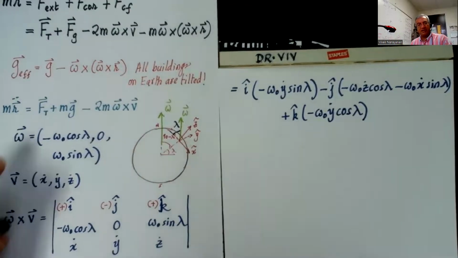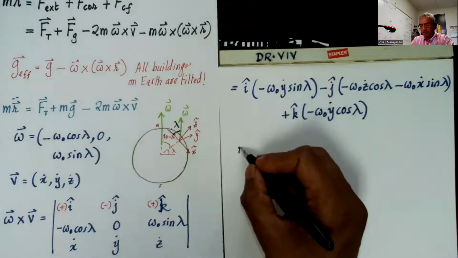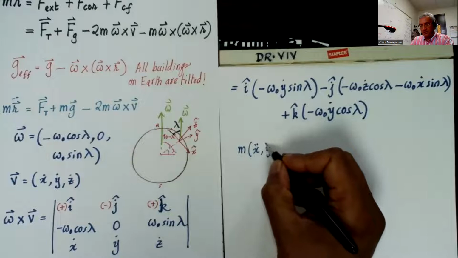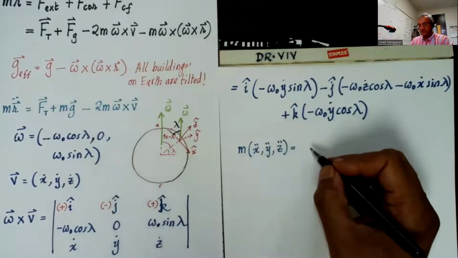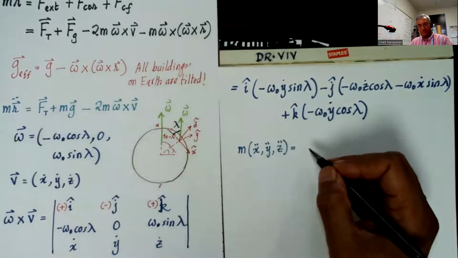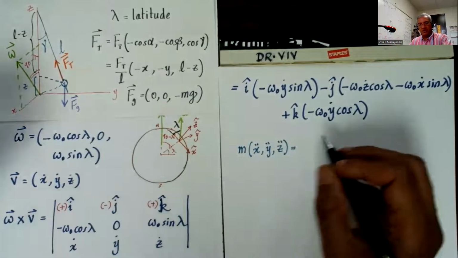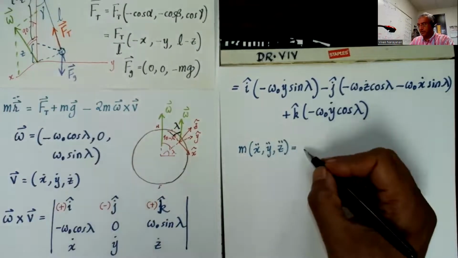Let's put it back in this equation here. So I get m r double dot, which is x double dot, comma, y double dot, comma, z double dot, is equal to F tension, which was right here. So I'll put the tension in first.